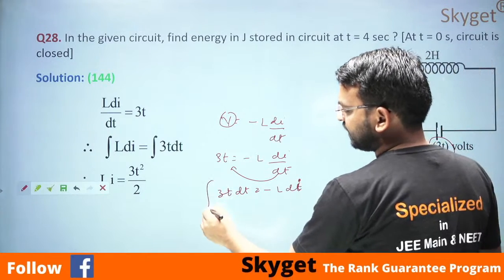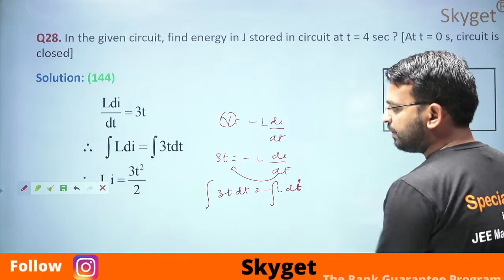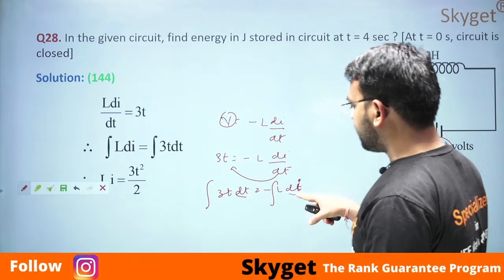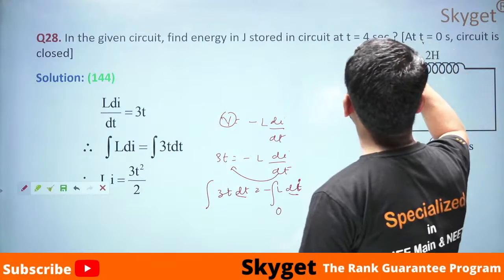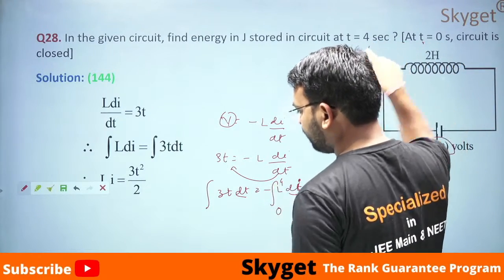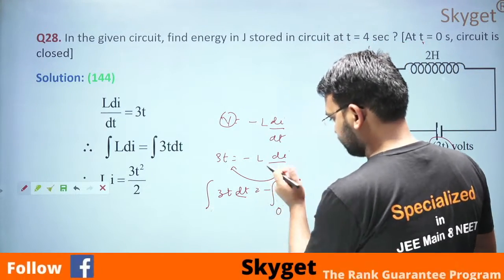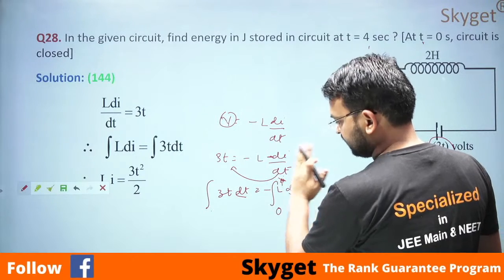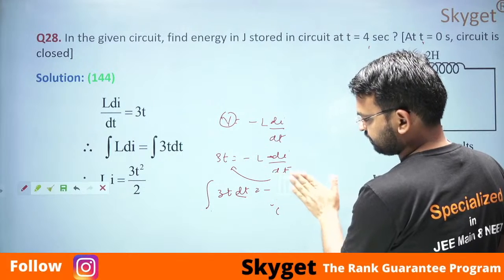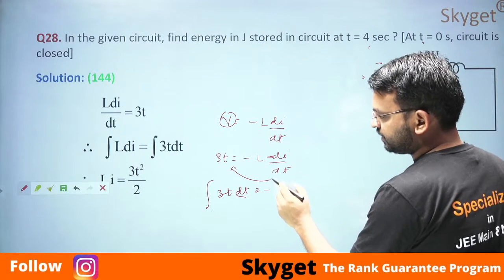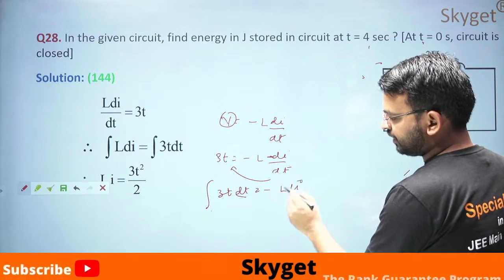Now, simple thing, just integrate that. Why? Because in this case the time is variable, and I is variable. So time is from 0 to how many seconds? They are talking about 4 seconds. Time should be on this side, in this L into di.